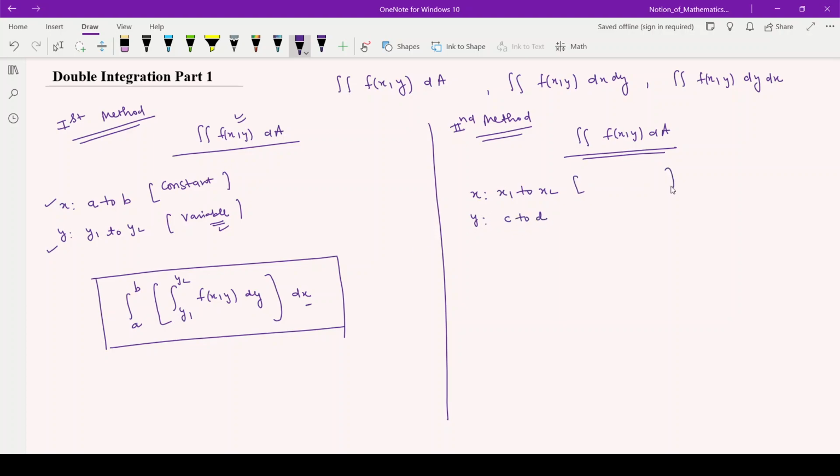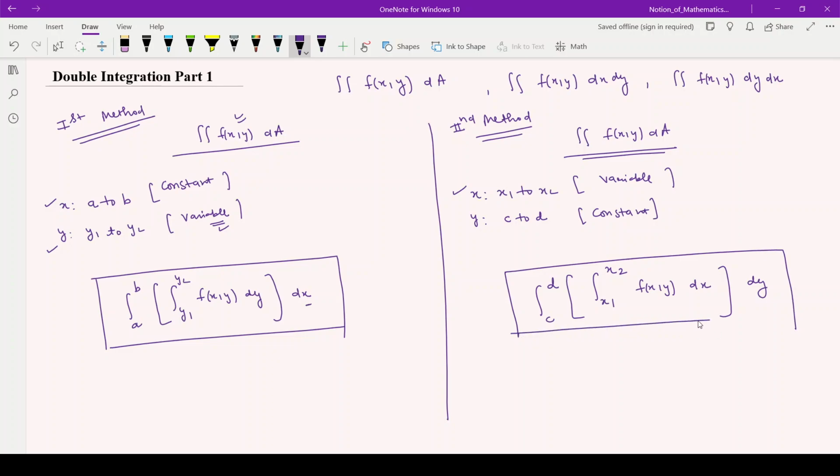So again the funda is the same. We will first deal with the variable limit, and the limit of x is variable, so inside the parenthesis we will collect x1 to x2 of f(x,y), and this is the limit of x, so dx, and then the limit of y, that is c to d and dy. So this is the second way.